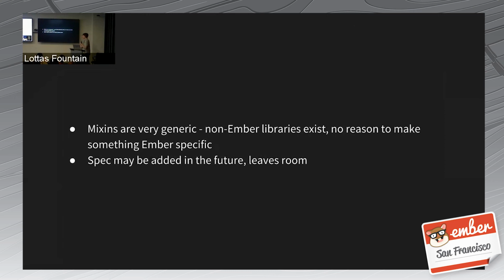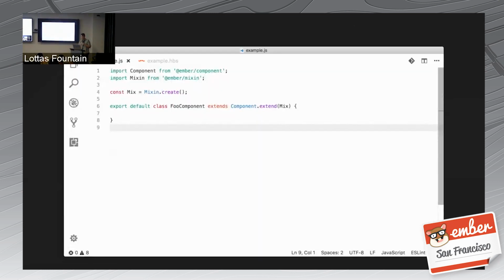And the other reason was to leave room should the spec decide to add something like mixins or traits in the future. You can still use them if you really need to. You can use them with the .extend syntax, and once extending both ways is fixed, you'll be able to do that at any point in the chain. So they're not gone, but they won't be supported using the new syntax.